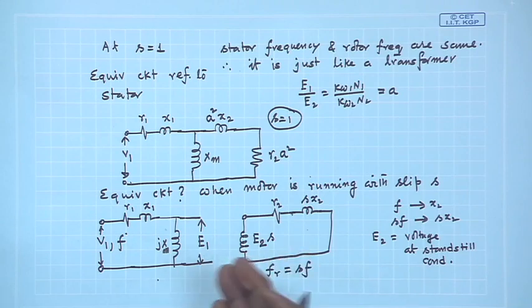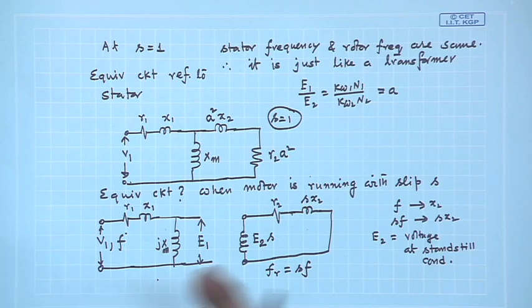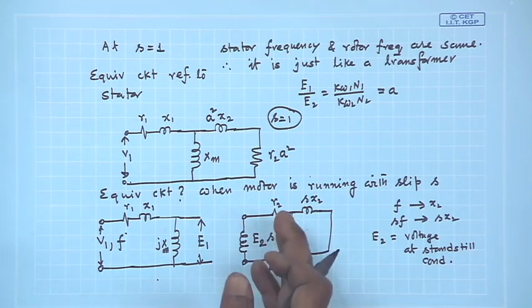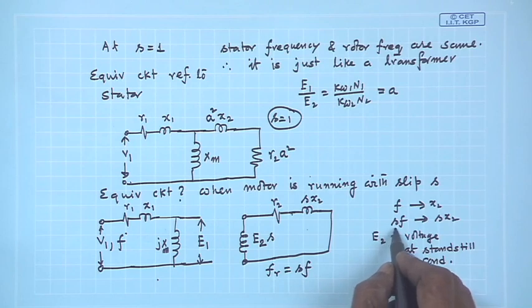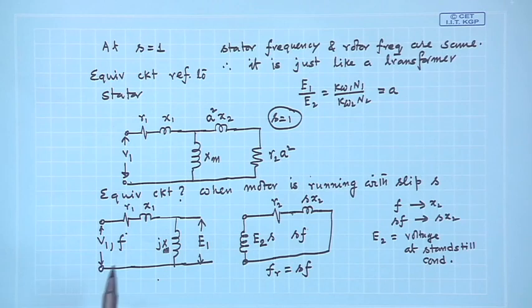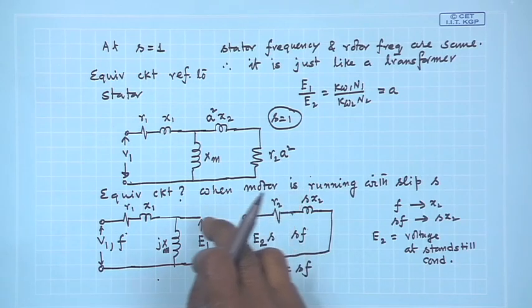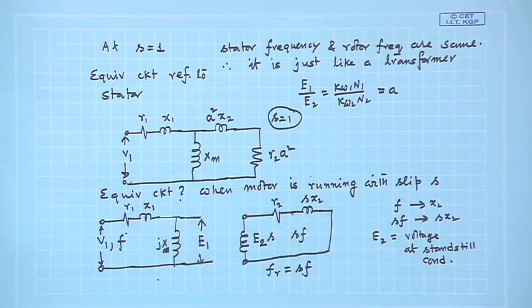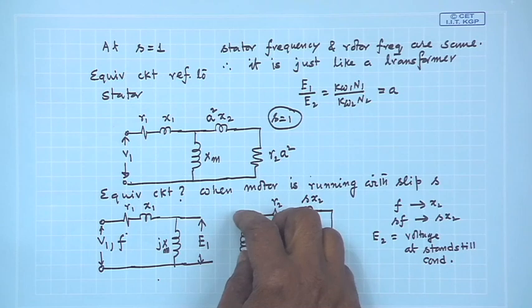Now, see here also, E 1 by E 2, this voltage by this voltage, is no longer simply a turns ratio, there is an S factor coming in. Also, the frequency of that current and voltage is S f, and the secondary voltage by primary voltage is no longer a constant A. So, at least I know this much, it will be a mistake if I just multiply this with A square and connect it here.